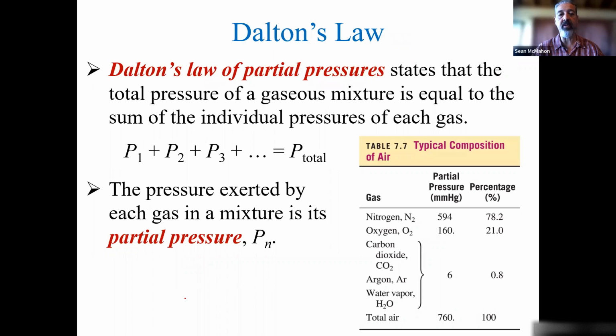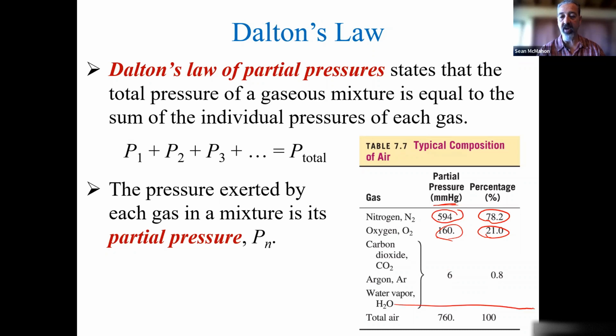So here's an example of partial pressure for air, right? Nitrogen, which is roughly 78.2% of air, has a partial pressure of about 594. Oxygen, which is about 21%, is about 160 millimeters of mercury. Carbon dioxide, argon, and water vapor together are about 6 millimeters of mercury.